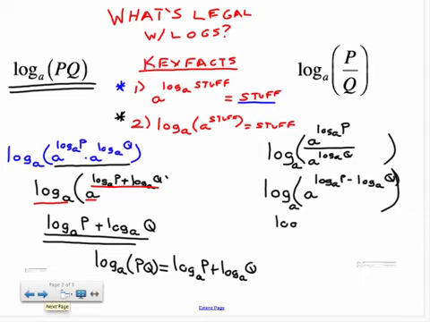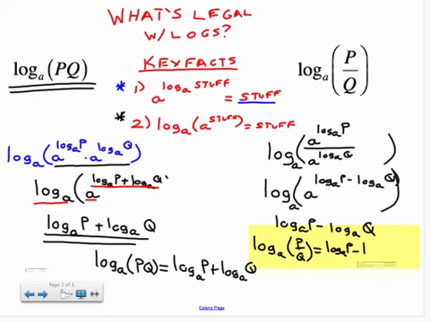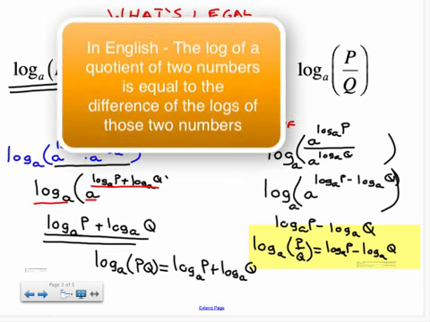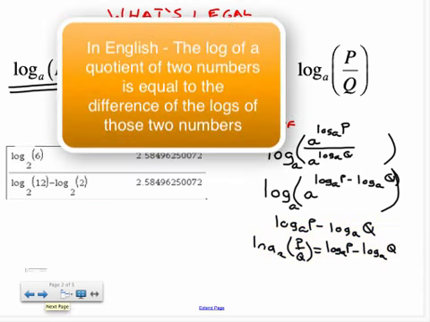So you get log base A of P minus log base A of Q with everything else canceling out. And so the rule for division says that log base A of P over Q is equal to log base A of P, and not plus this time, but minus, which I think makes sense because now we're talking about division.